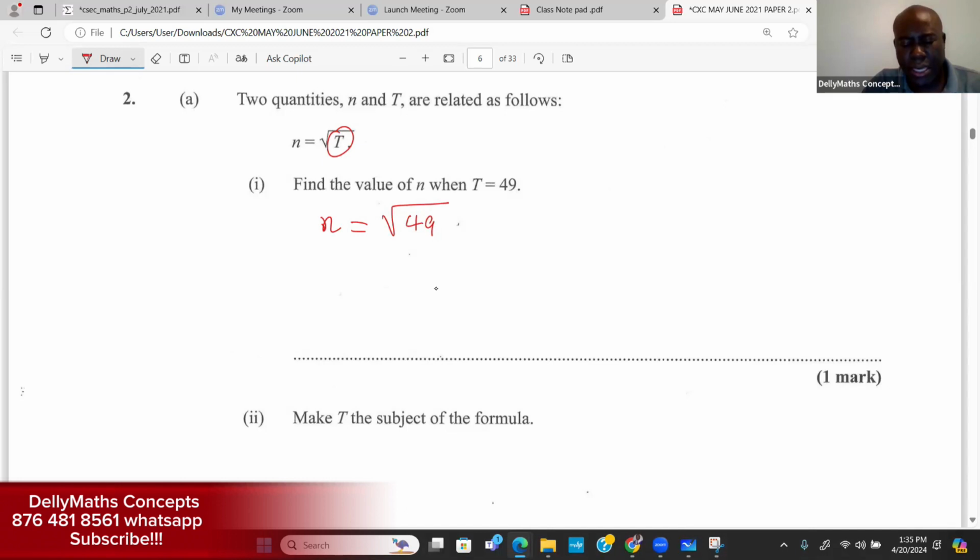So what I'm looking at here is n is equal to plus or minus 7. So in context here, we're saying n is equal to 7 or negative 7.